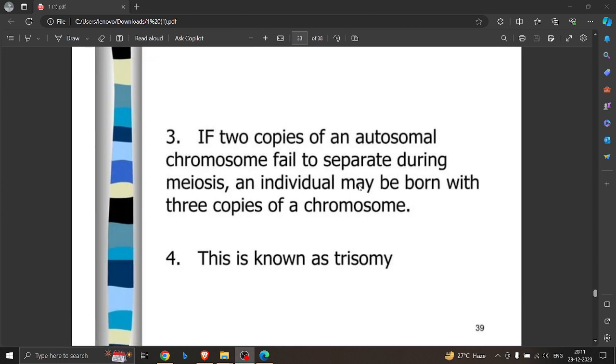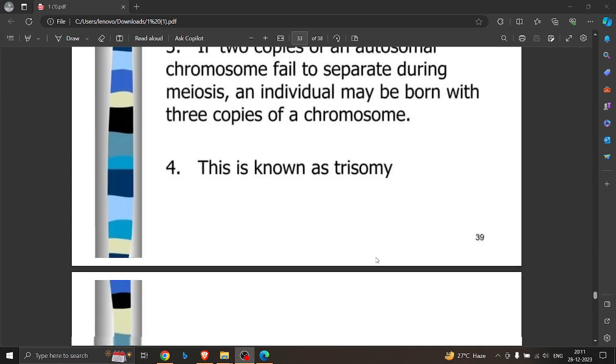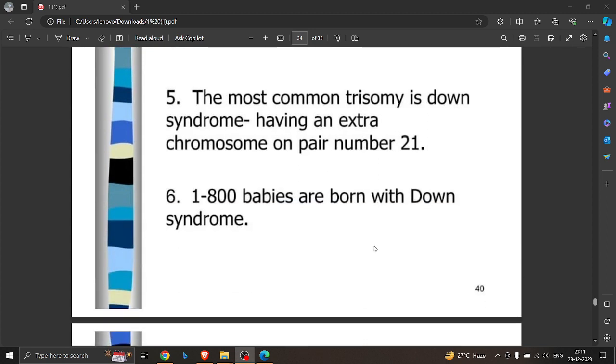For example, trisomy: if two copies of an autosomal chromosome fail to separate during meiosis, an individual may be born with three copies of the chromosome. The most common trisomy is Down syndrome, having an extra chromosome 21.